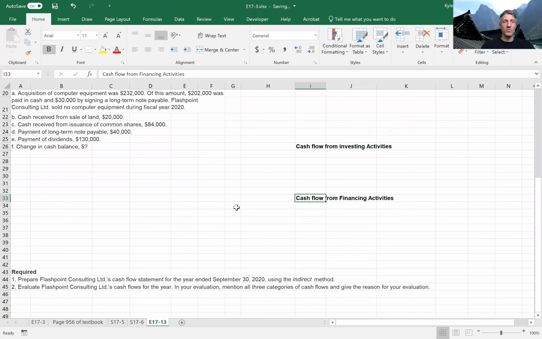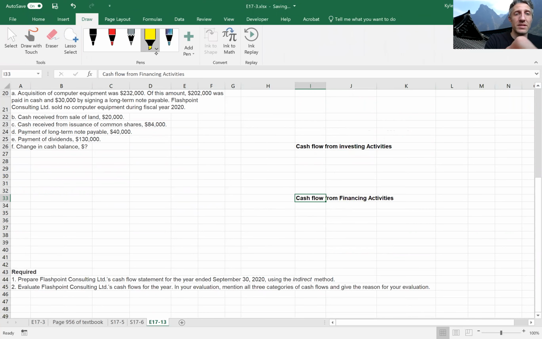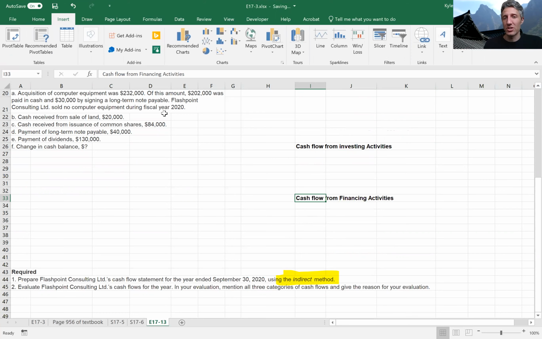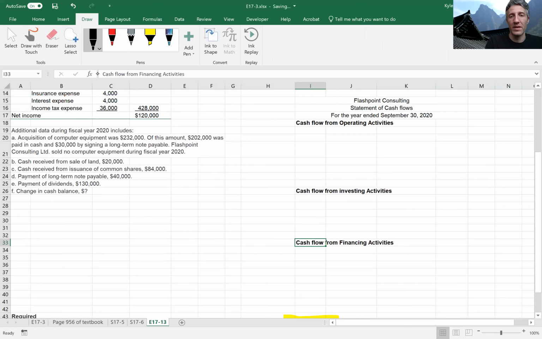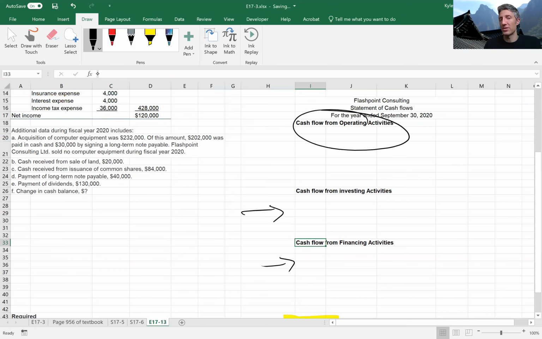What I want to do is a quick little discussion about this indirect method. Using the indirect method, the operating activities section, of course, is the only one that's impacted. Whether it's the direct or indirect method, the way of preparing both the investing and financing activity sections stays the same. Only the operating activity section changes.